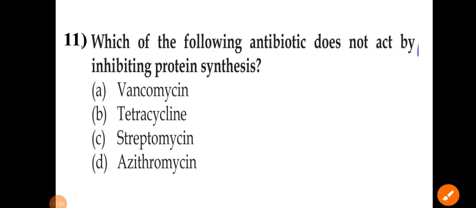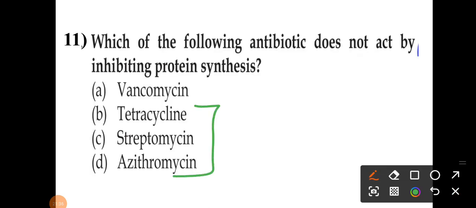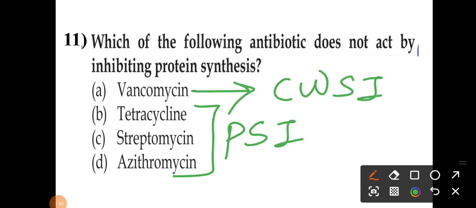Okay, so it means these three are the protein synthesis inhibitors, and vancomycin is the cell wall synthesis inhibitor. So what is the correct answer? That is your vancomycin. So these are the important questions from your chemotherapy or the antimicrobial agents, the general consideration.